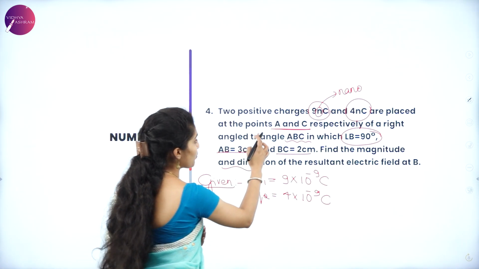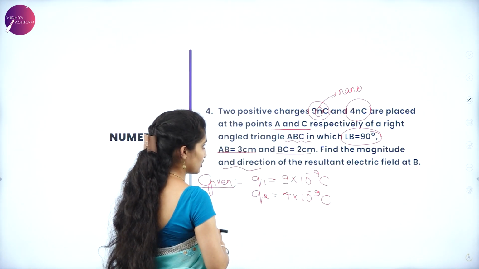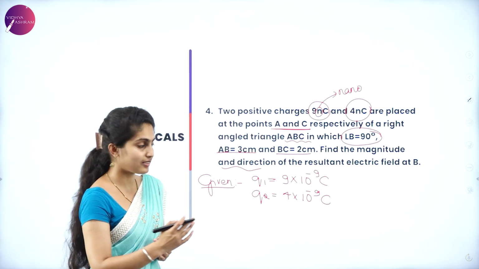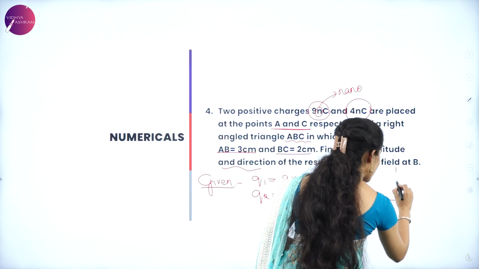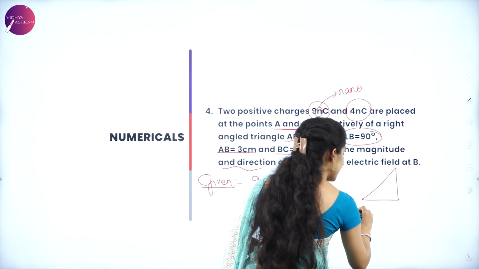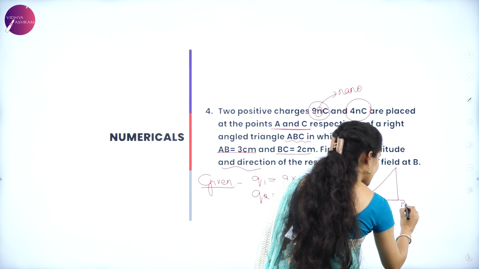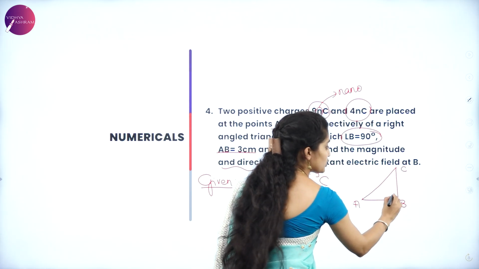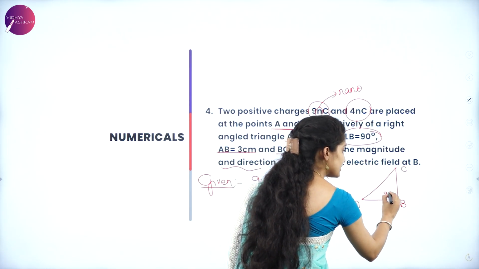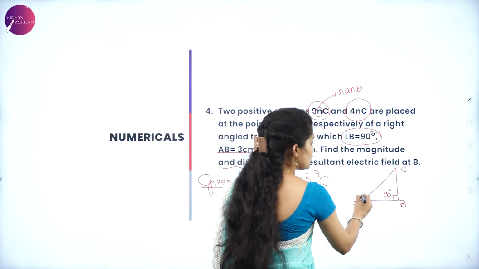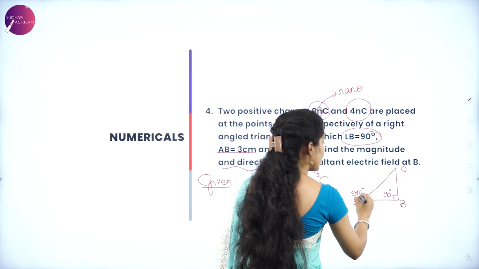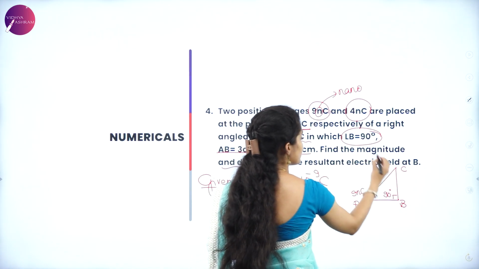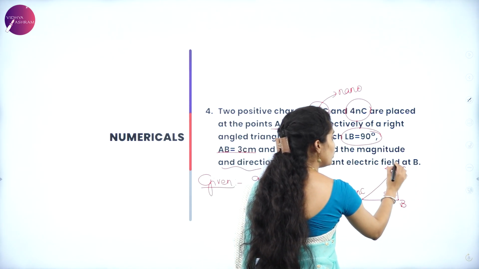It is placed at points A and C respectively of a right angle triangle. So now suppose this is your right angle triangle, let me name it as A, B and C. So this angle is at 90 degree. So A is 9 nanocoulomb and point C is 4 nanocoulomb.